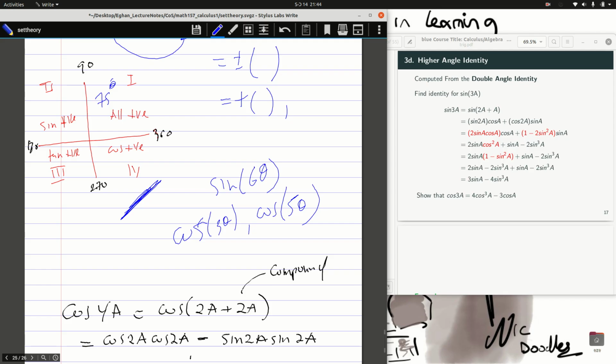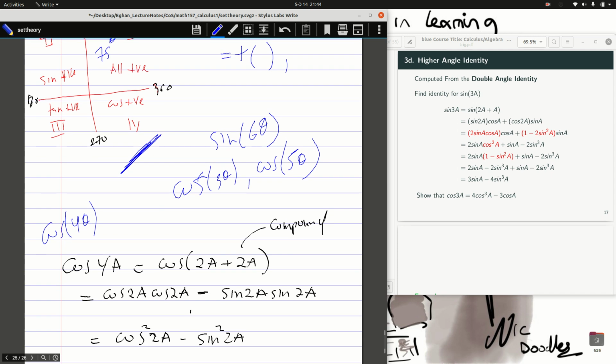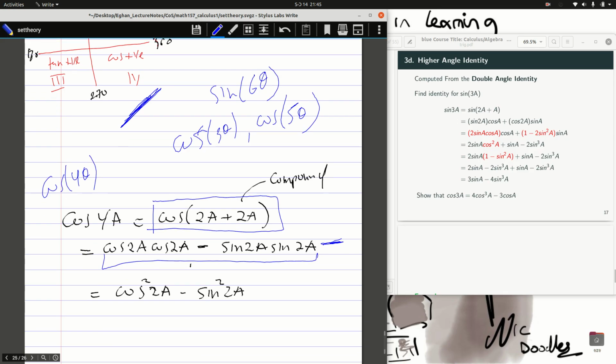So realize that cos 4 theta, if example as what I have here, I can rewrite it as two compound identities, 2a plus 2a, and by the compound identity I have this guy here. Whatever happens next is some manipulations to be done, but because it's cos, the plus becomes what?